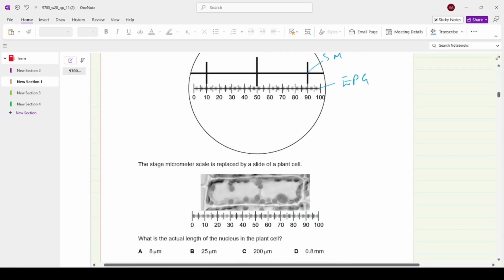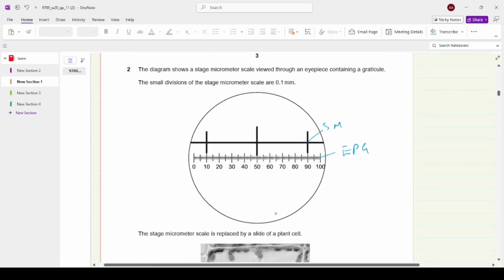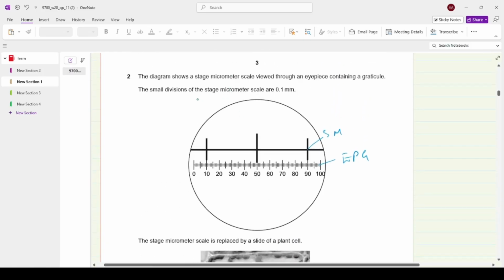What is the actual length of the nucleus in the plant cell? They're telling us that the small divisions of the stage micrometer scale are 0.1 millimeter. So moving from point A to point B, this distance is equivalent to 0.1 millimeters.